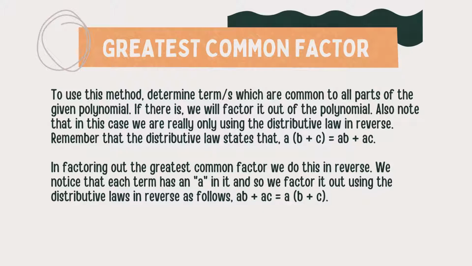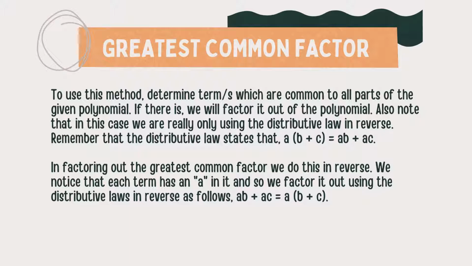Greatest common factor. To use this method, determine terms which are common to all parts of the given polynomial. If there is, we will factor it out of the polynomial. Also note that in this case, we are really only using the distributive law in reverse. Remember that the distributive law states that a times the quantity b plus c is equal to ab plus ac.